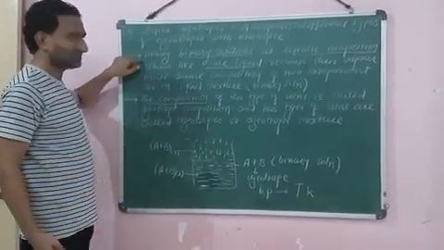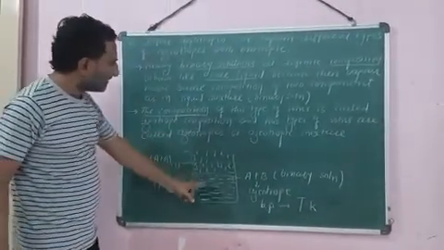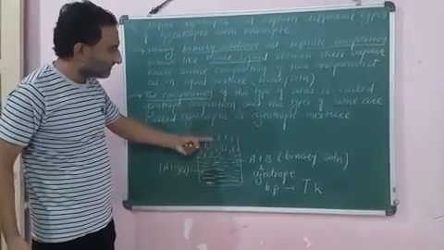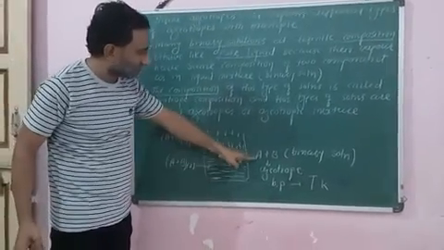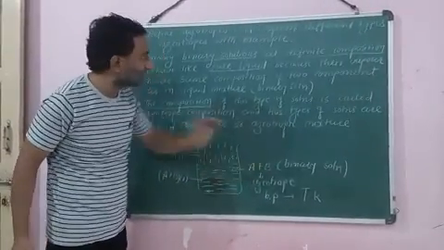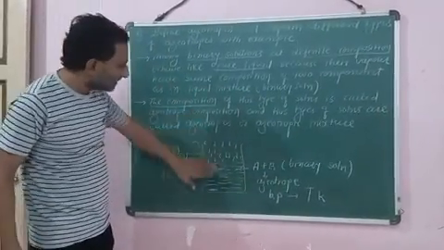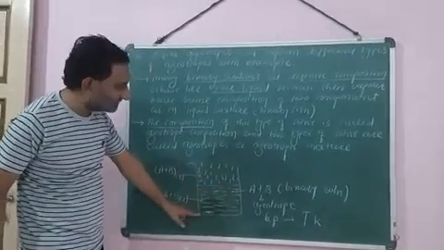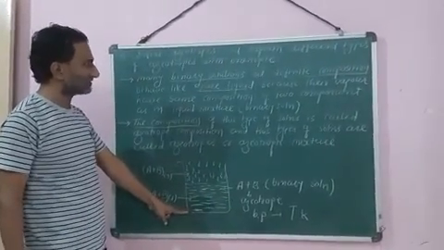Now observe this. Many binary solutions at definite composition, with one solute and one solvent, behave like a pure liquid. This behaves like a pure liquid, not like a solution.